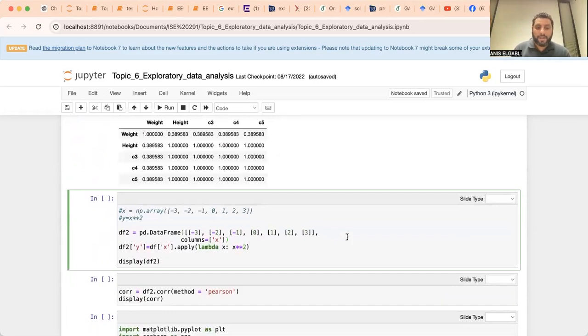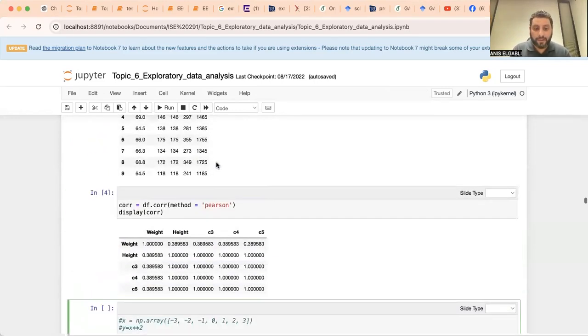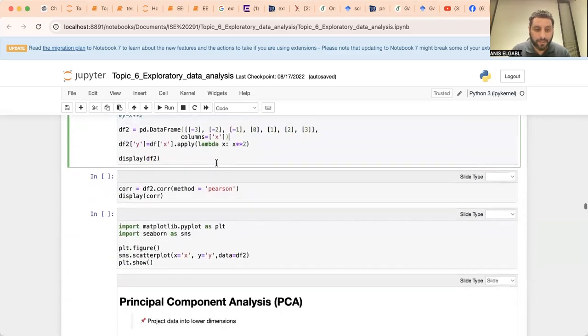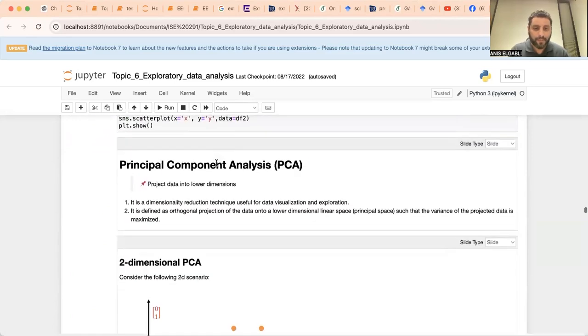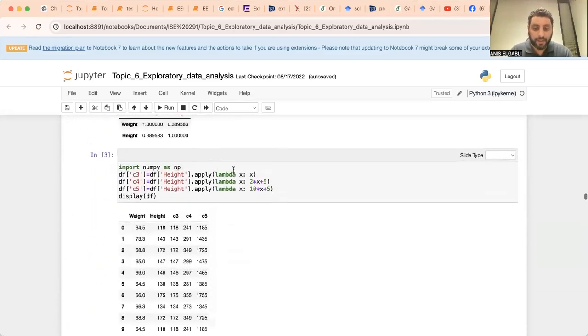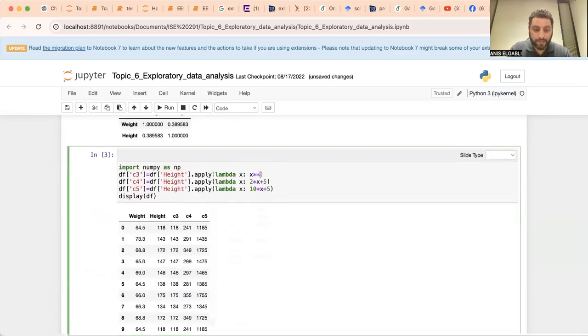Another thing, as I already mentioned. Let me do something else here. To show you, for example, let me do x squared.